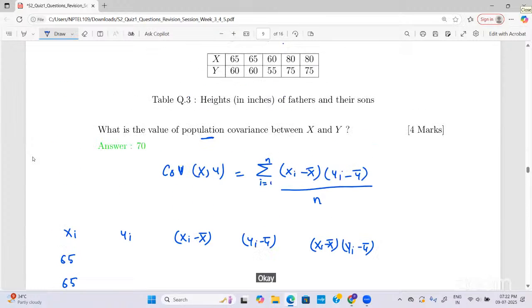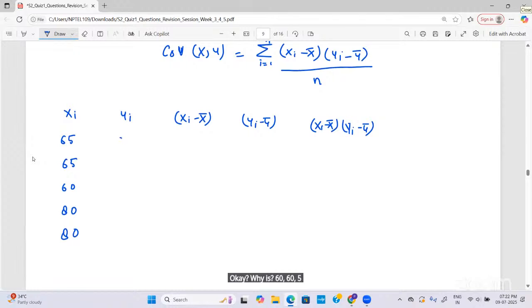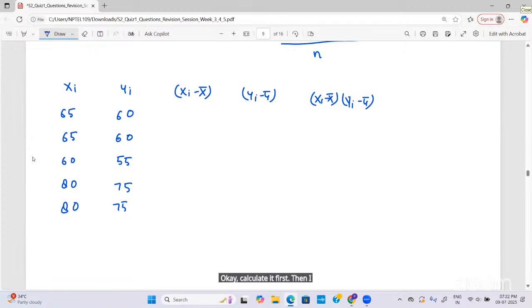Yi is 60, 60, 55, and 75. Okay, calculate it first. Then I will solve it.